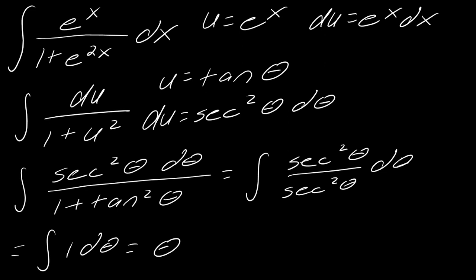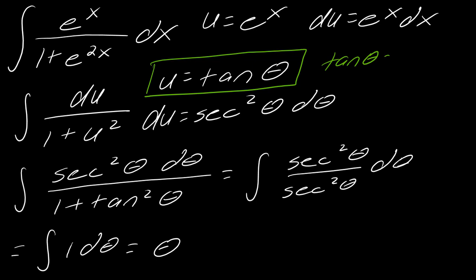Okay, so now I have to recall, I got to come back over here to the u's. So my tangent theta equals u, so we could think of that as tangent theta equals u over 1. So if you think of your SOHCAHTOA, this is opposite over adjacent, right? So here's my little reference triangle. Here's my theta, here's my opposite, here's my adjacent.